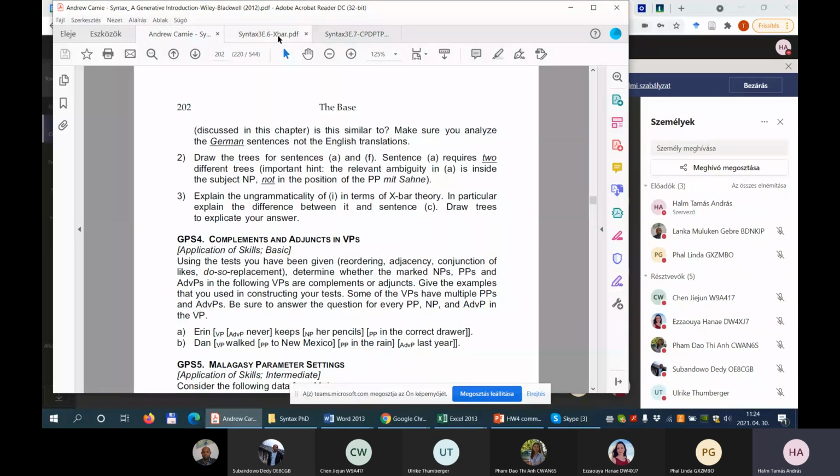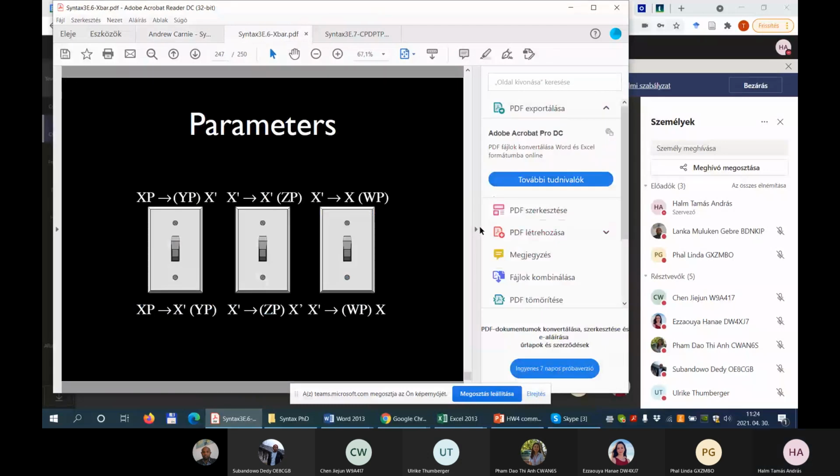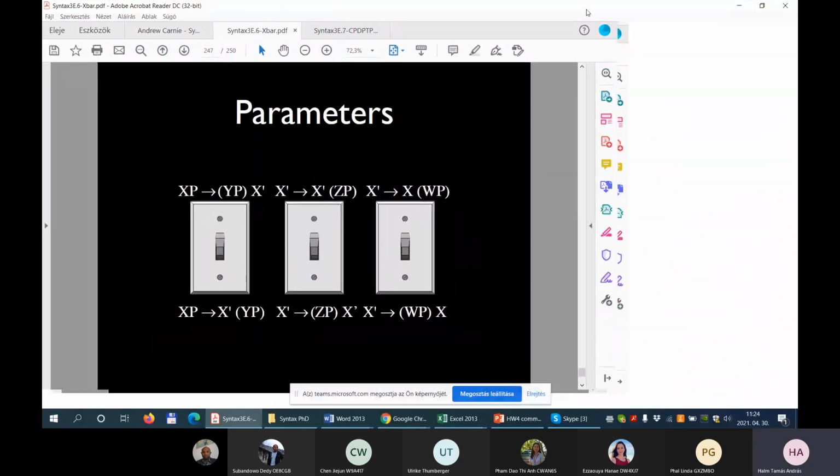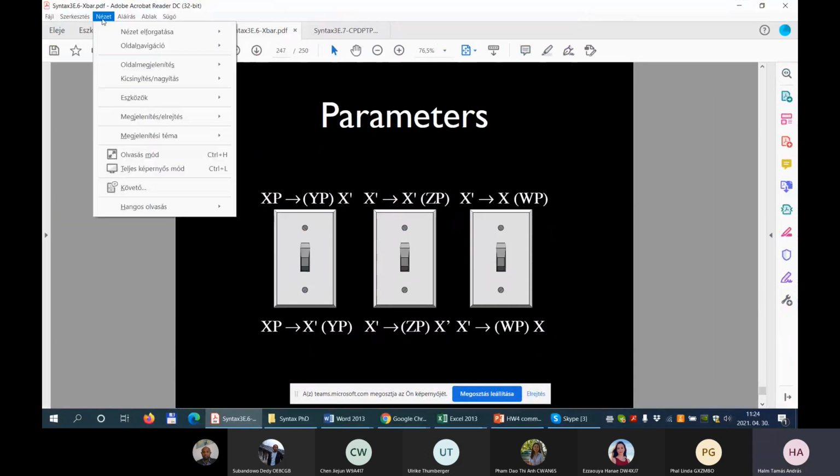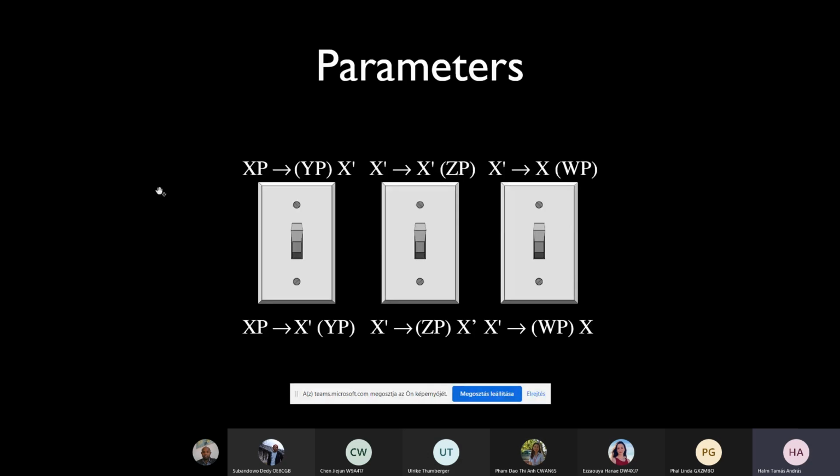Okay, and let's finish the discussion of X-bar. You see the slides now, right? Which is good news if that's the case.